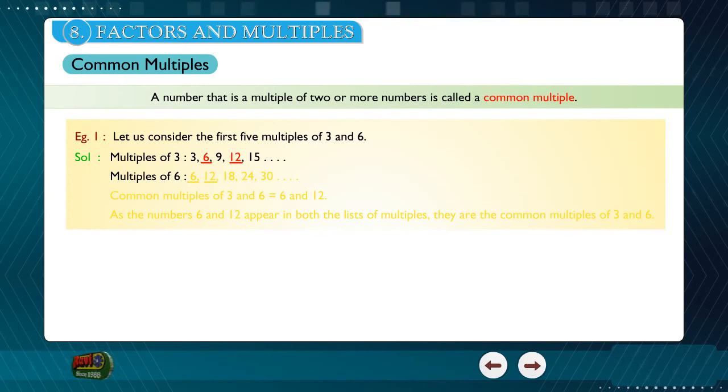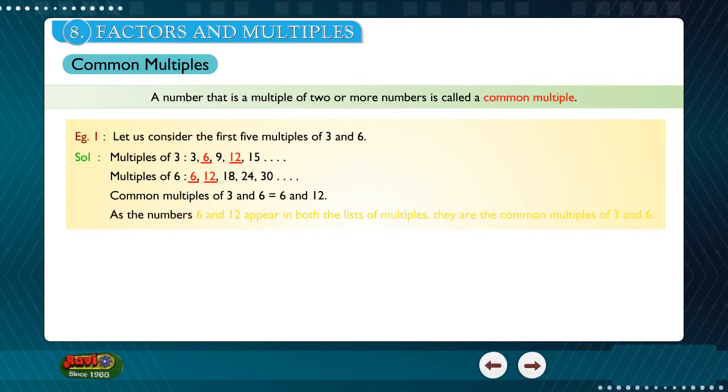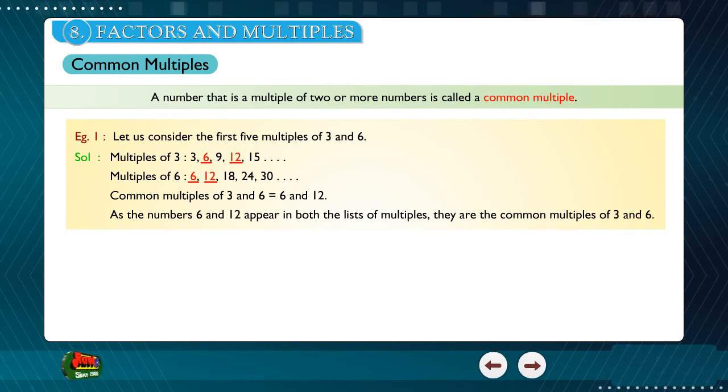Multiples of 6: 6, 12, 18, 24, 30 and so on. Common multiples of 3 and 6 are 6 and 12. As the numbers 6 and 12 appear in both the lists of multiples, they are the common multiples of 3 and 6.